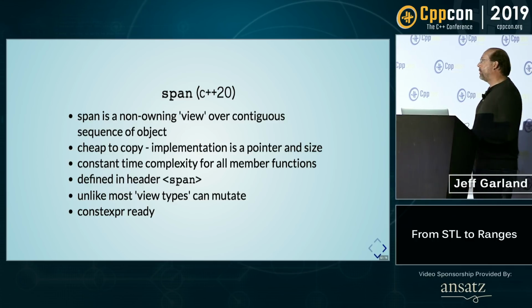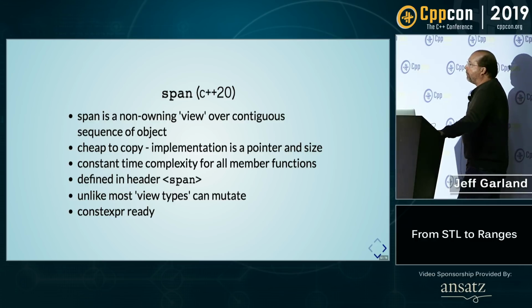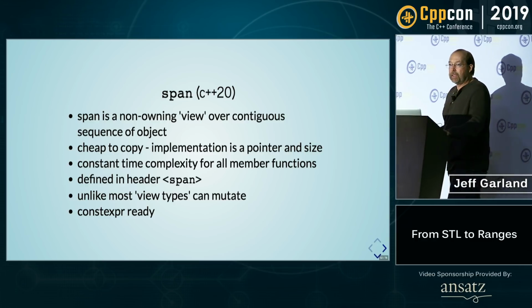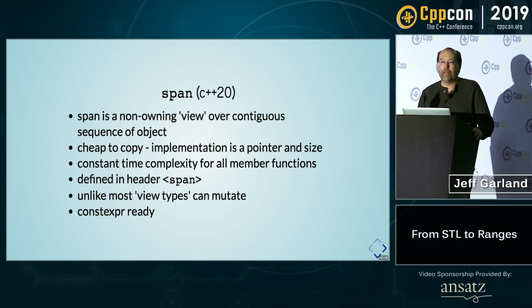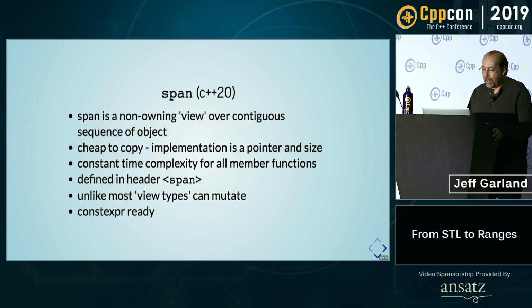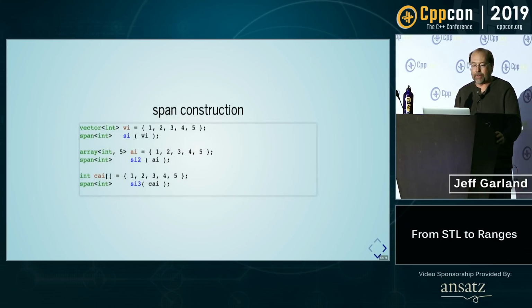So it's really a pointer in size, 2 pointers, and it has constant time complexity for all of its methods. So not just copy and assign. It's also able to run during compile time evaluation as constexpr, and it does actually allow you to modify types, which is unique compared to most of the views I'm going to show you otherwise.